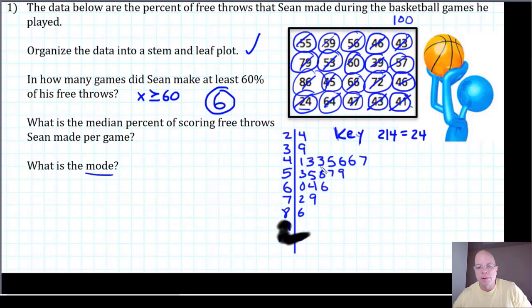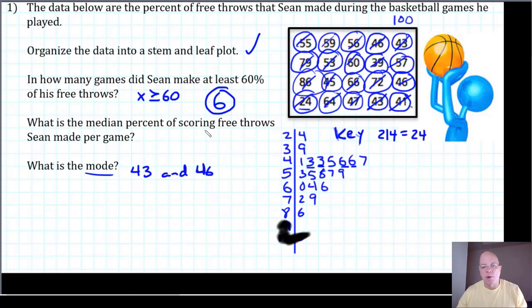But we see that 43 occurs twice, that 46 occurs twice, and no other pieces of data occur twice or more than twice. So we have 2 modes, 43 and 46. Remember, you could have 1 mode, you could have 2 modes, you could have 18 modes, or you could have a data set with no modes. If we have 2 modes, that's called bimodal.